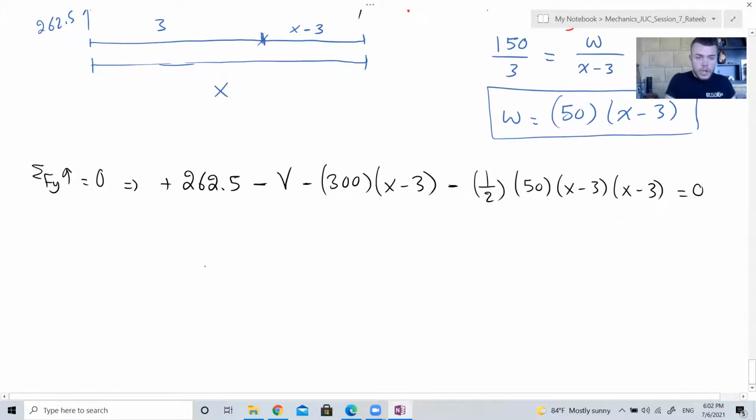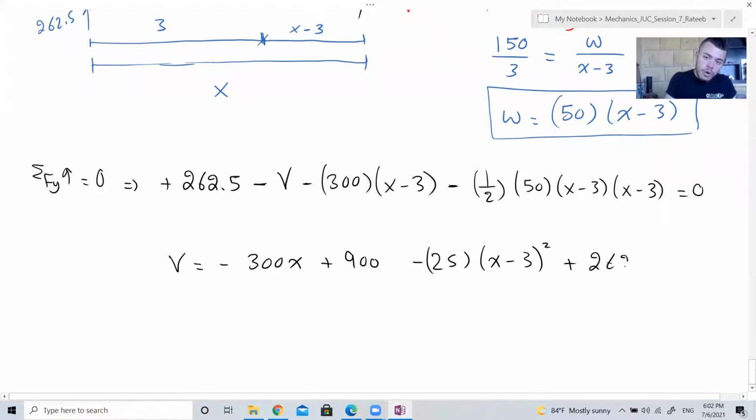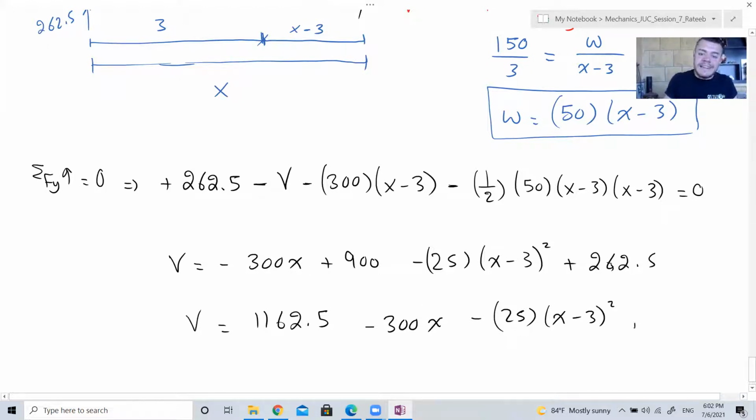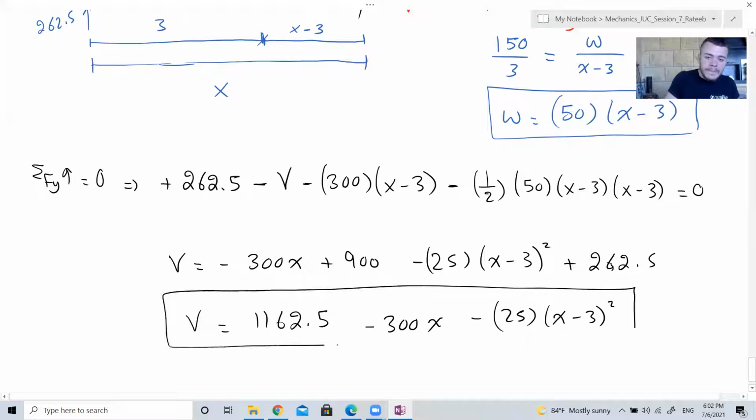Is equal to 0. So if you reduce this equation, you will have V equal to minus 300x plus 900 minus 25 into x minus 3 squared plus 262.5. That means V equals 1162.5 minus 300x minus 25 into x minus 3 squared. Is it clear? Yes.